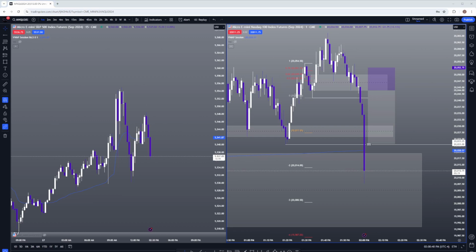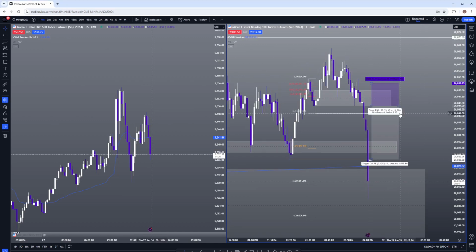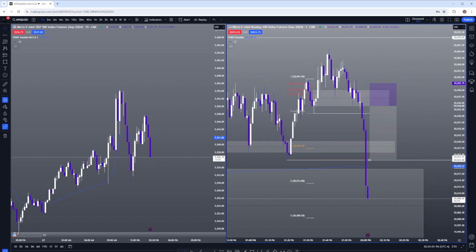So again, got to stick to the plan. I'm not going to chase just because I see this big drop. Not going to get FOMO. We expected the short, but we wanted to see pullback, and the pullback didn't come in, so oh well.